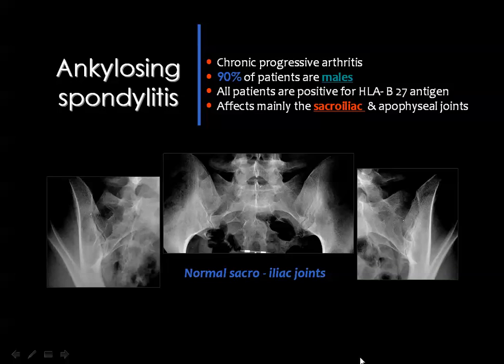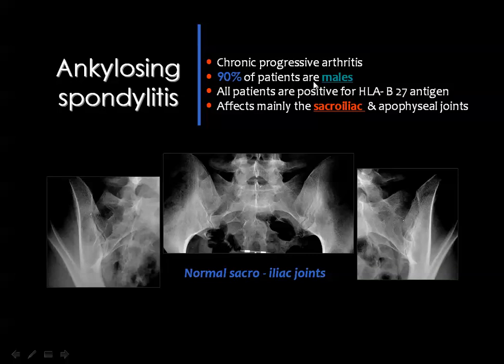Then the next arthropathy is ankylosing spondylitis, and this is a chronic progressive arthritis that affects males predominantly.